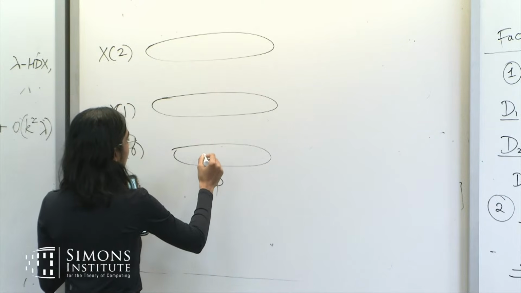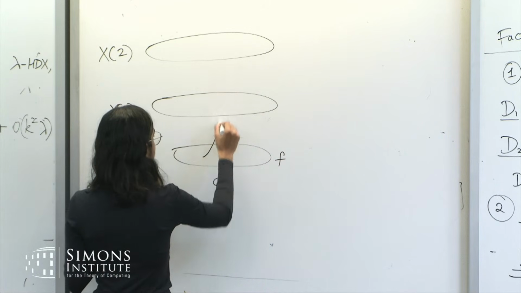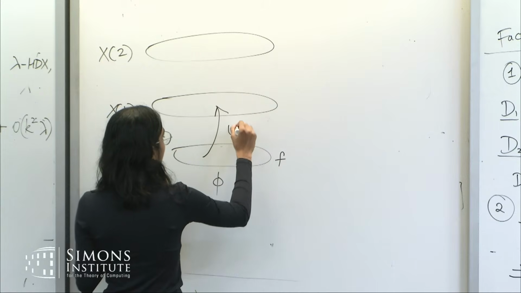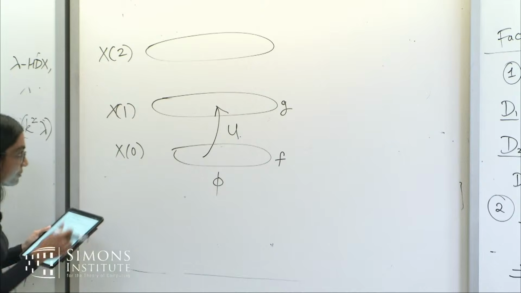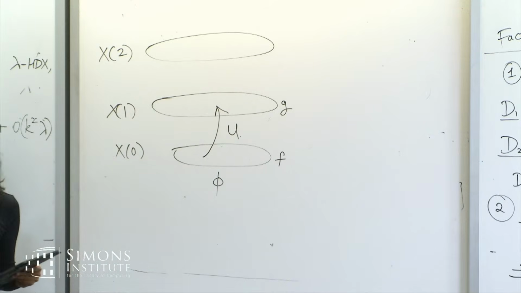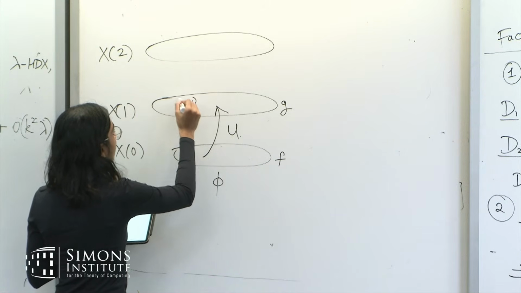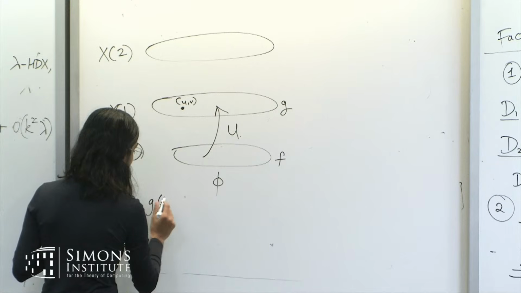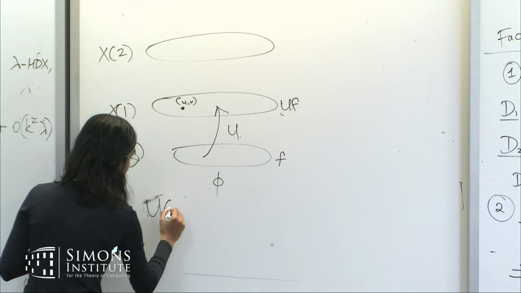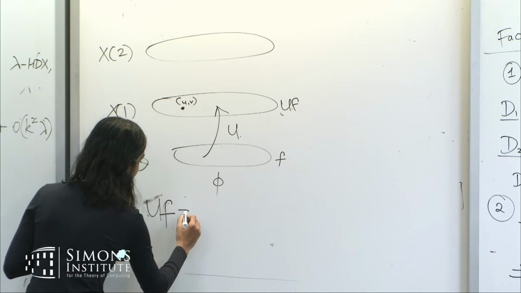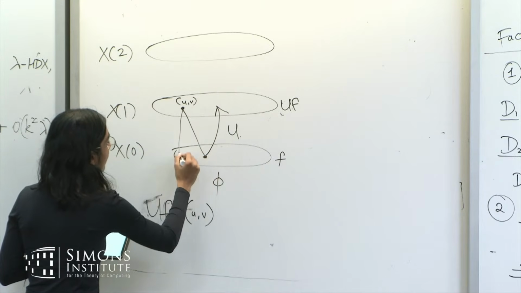You can define an operator that takes functions on the vertices up to functions on the edges. What it does is, at an edge uv, the function up of f just averages the two values of f.